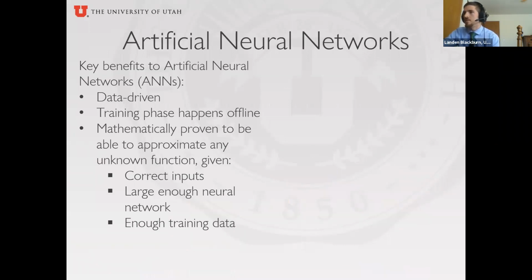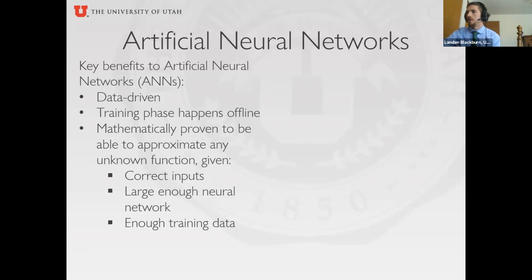So another key thing to note about this project is the use of artificial neural networks. This was the machine learning model we chose to use. So neural networks are really powerful. They're data-driven. They don't need any programmed understanding of how the physics or the underlying equations of a system work. They're also really computationally efficient when you're using them.